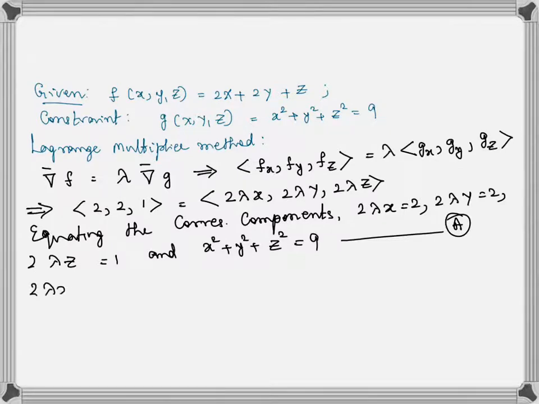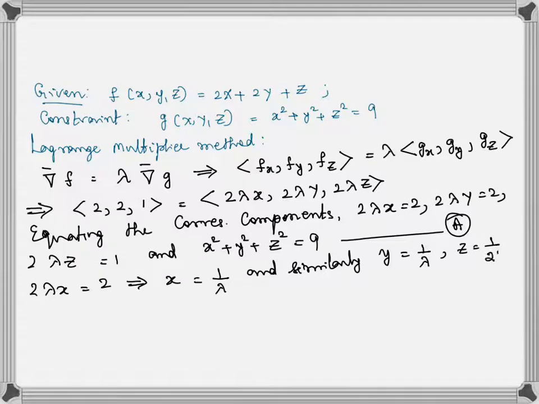Then 2 lambda x equal to 2 implies x equal to 1 over lambda. Same way, y equal to 1 over lambda and z equal to 1 over 2 lambda. Call it B. Now we'll use the constraint and substitute x, y, z into the constraint function x squared plus y squared plus z squared equal to 9.